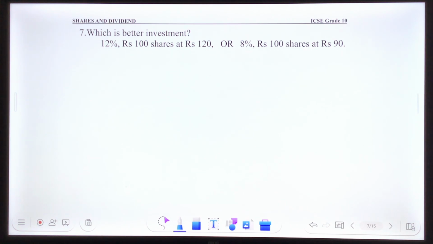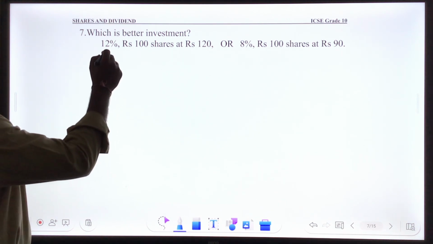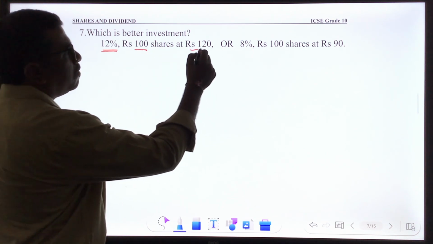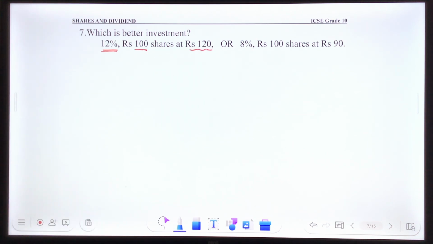So here we are given the rate of dividend, face value and market value of the shares of company A, and similarly rate of dividend, face value and market value of shares of company B. We need to find which is better investment.